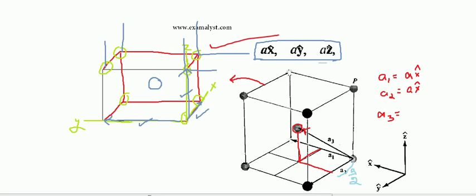And this part, the red line here, is also a by 2, and the height is also a by 2.